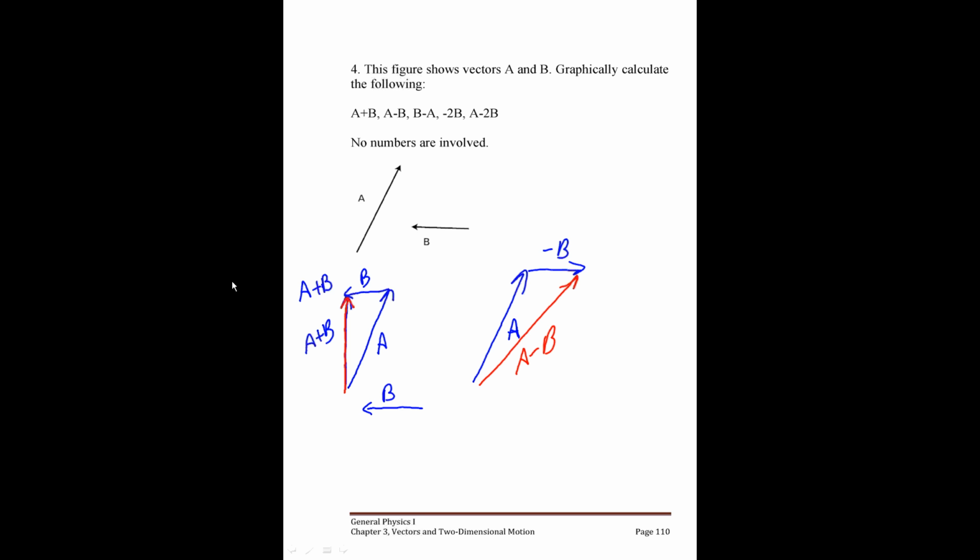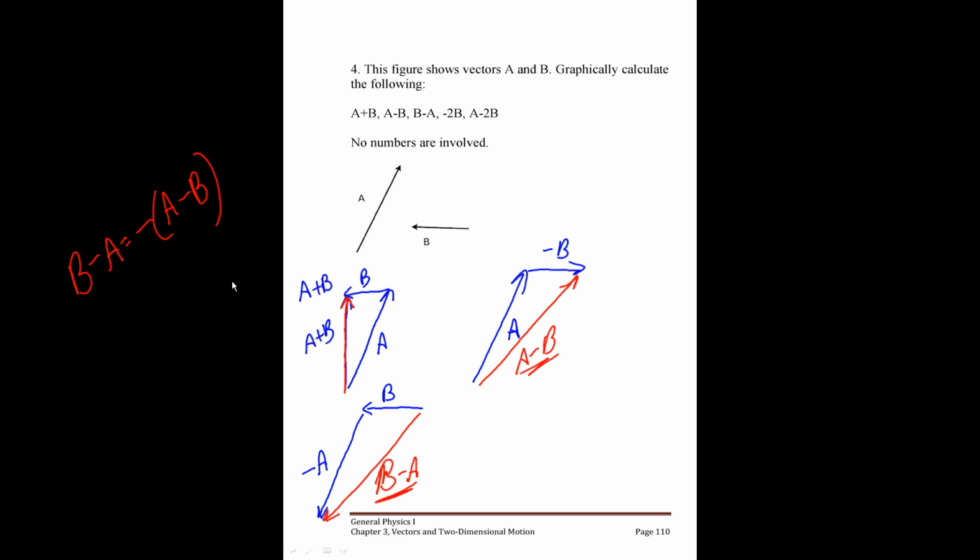There's B minus A, just flip it by 180. And then this is going to be B minus A. Notice that B minus A is the negative of A minus B. You see that? B minus A is just flipped by 180 degrees from A minus B. And you can see that because B minus A is equal to negative (A minus B).